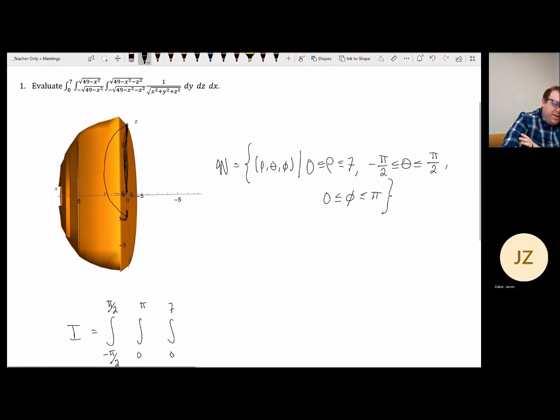We now need to rewrite the integrand in terms of spherical. So what would that be in spherical? Just 1 over rho, right?